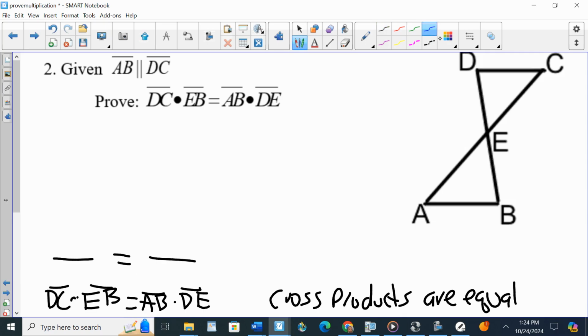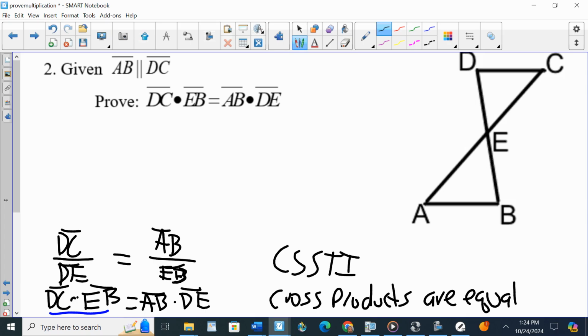Whatever's being multiplied is diagonal from each other. DC, EB. That B came out a little bit weird. It's okay. AB, DE. Proportions, CSSTIP. The reason for the proportion is always CSSTIP.